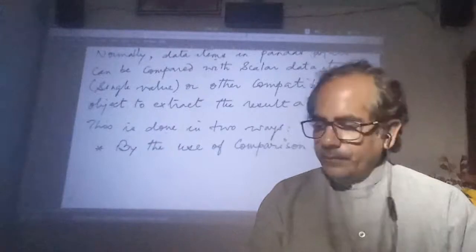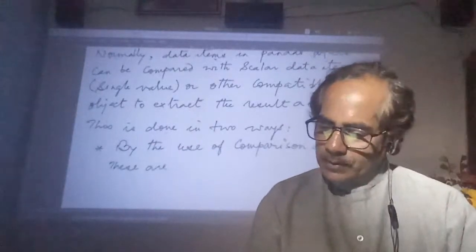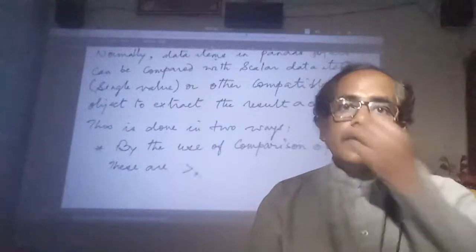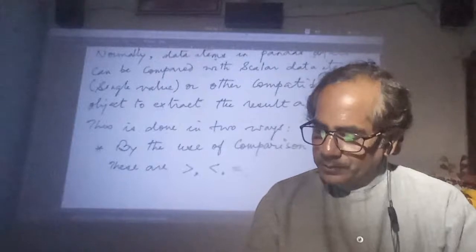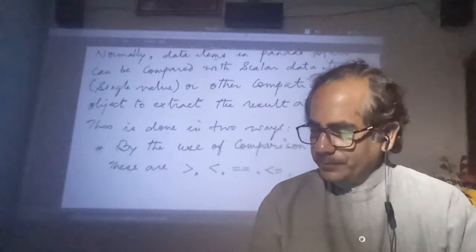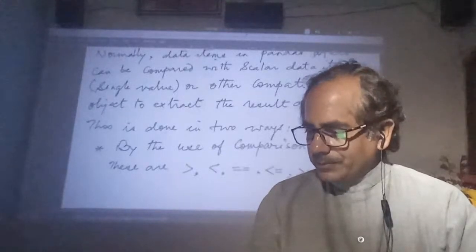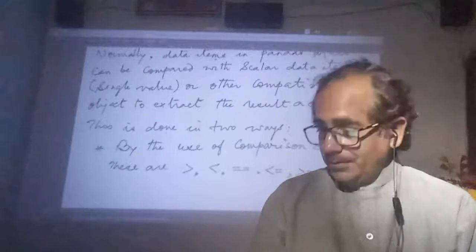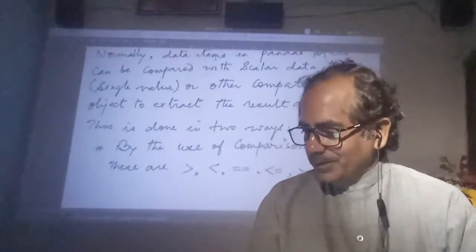They are greater than, less than, equal to, less than equal to, greater than equal to, and not equal to. This has to be checked whether not equal to works in this way or in this way.